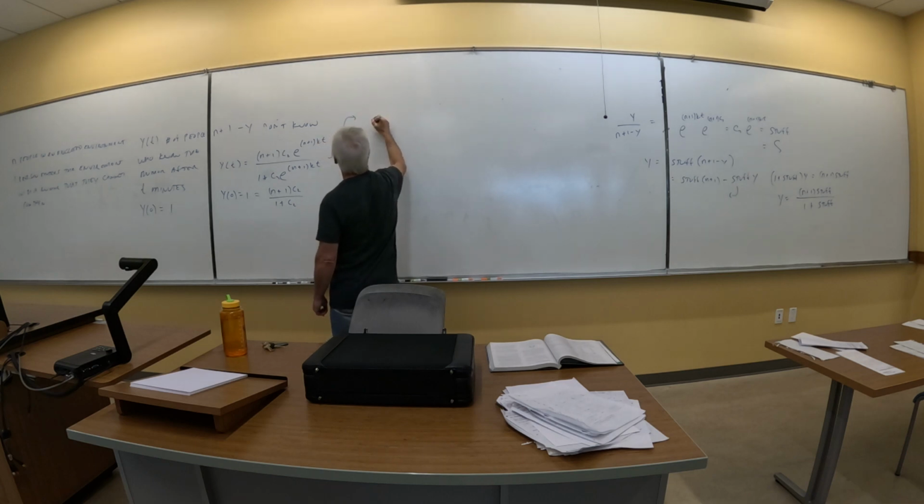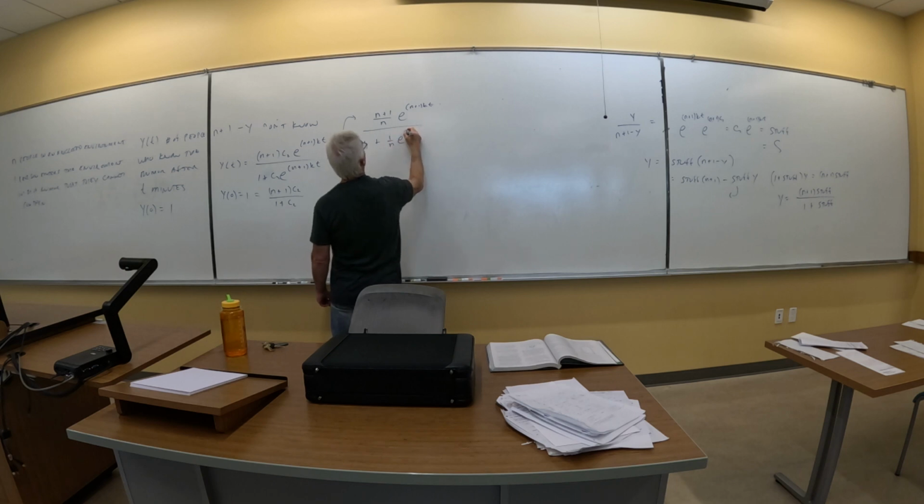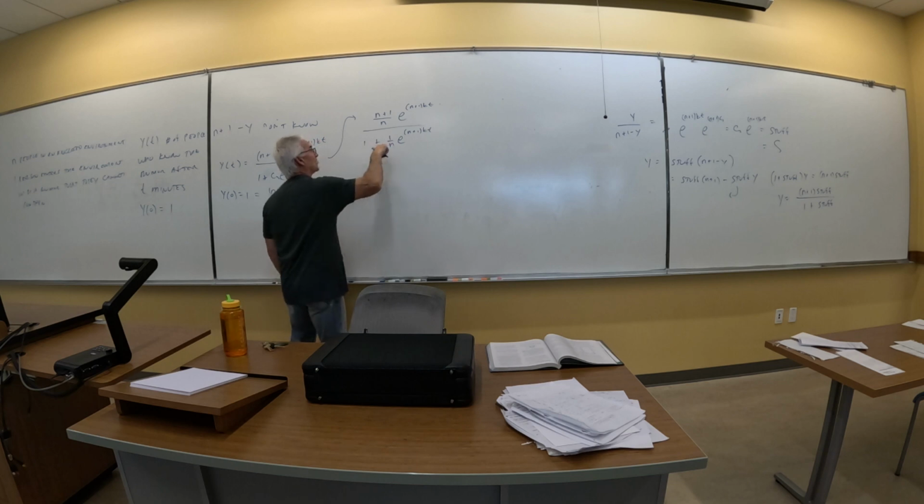Here. So now I have, how about if I write that as n plus 1 over n, e to the n plus 1 kt over 1 plus 1 over n. Now, I don't like that.